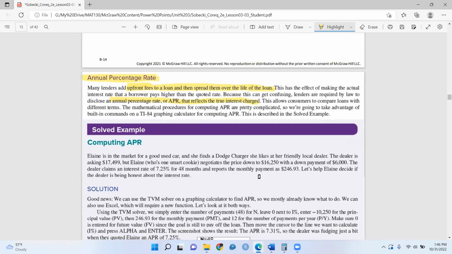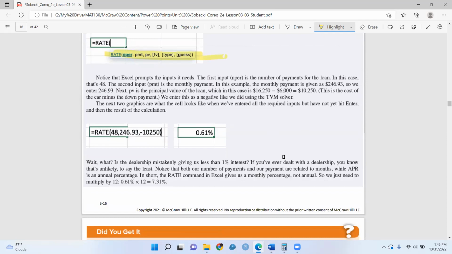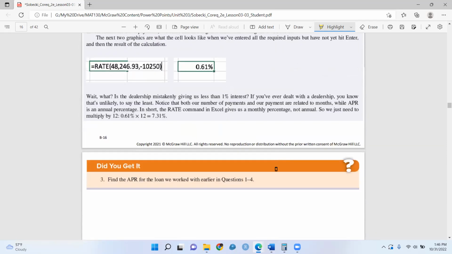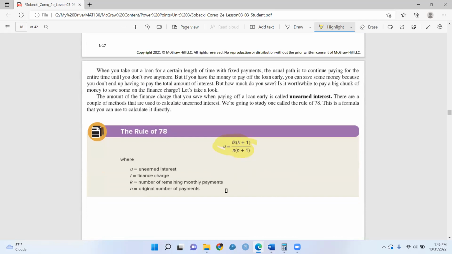And the way to calculate it, in Excel, there's a way to get the rate using this. But we're not going to worry about that. I'm not really going to ask you to calculate APR. We're going to tell you what it is. And instead, we're going to talk about what happens if you pay off a loan early.